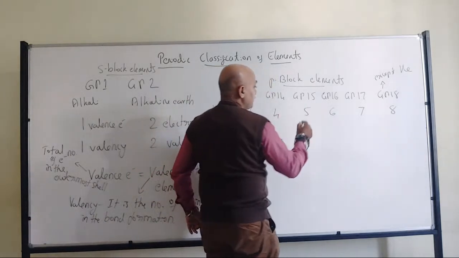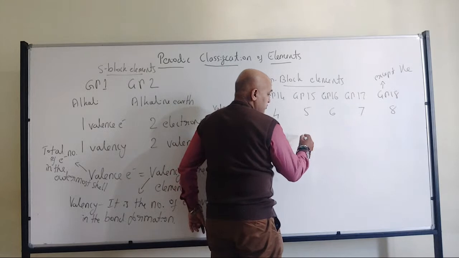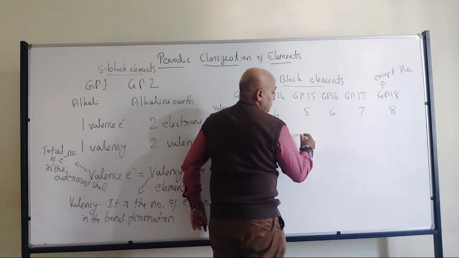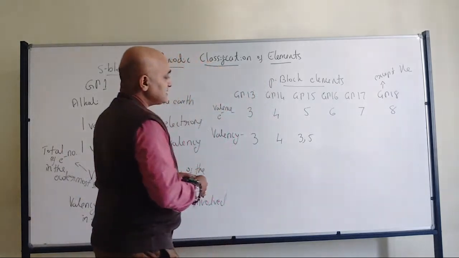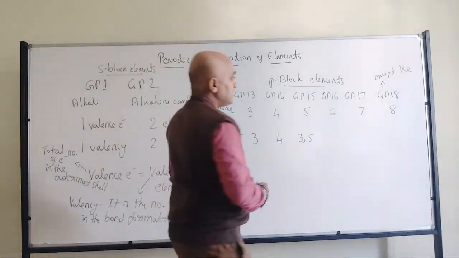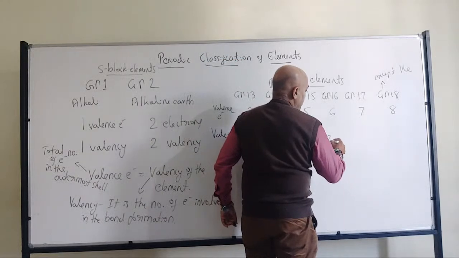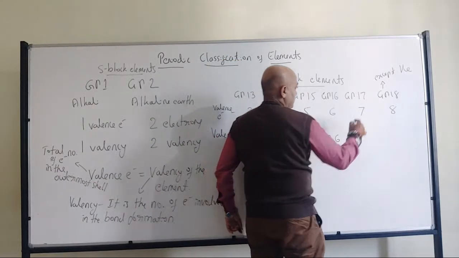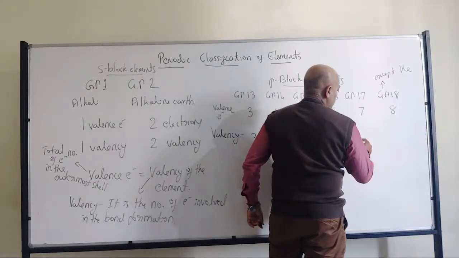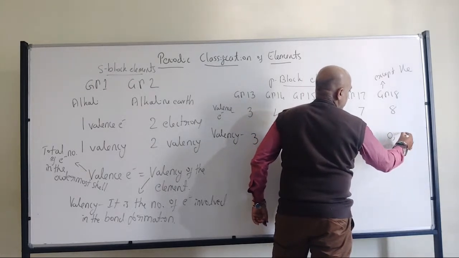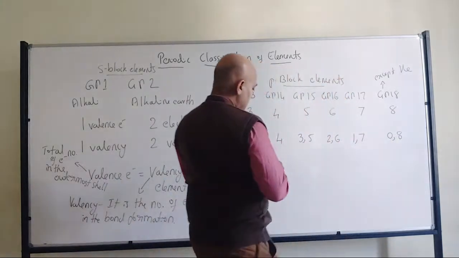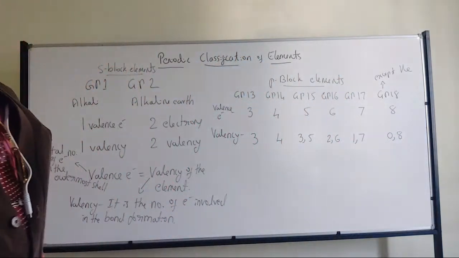But when it comes to 15, it will be 3 and 5. When it comes to 16, it will be 2 and 6. When it comes to 17, it will be 1 and 7. And when it comes to 18, it will be 0 and 8.